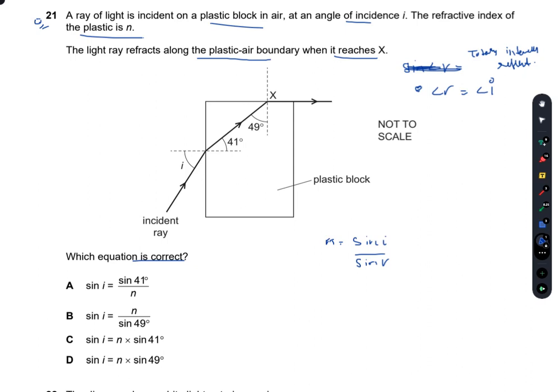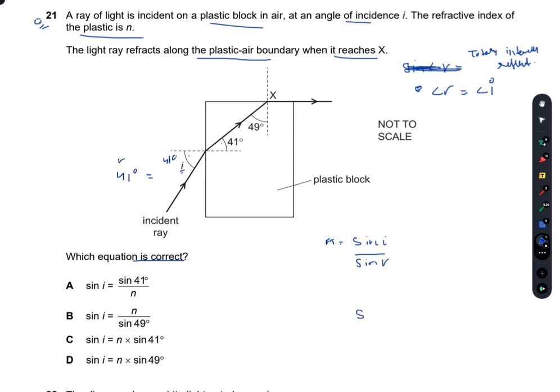As I had said earlier, total internal reflection occurs when the angle of refraction is equal to the angle of incidence, means that this 41 degrees is the angle of incidence, and 41 degrees would be the angle of refraction.